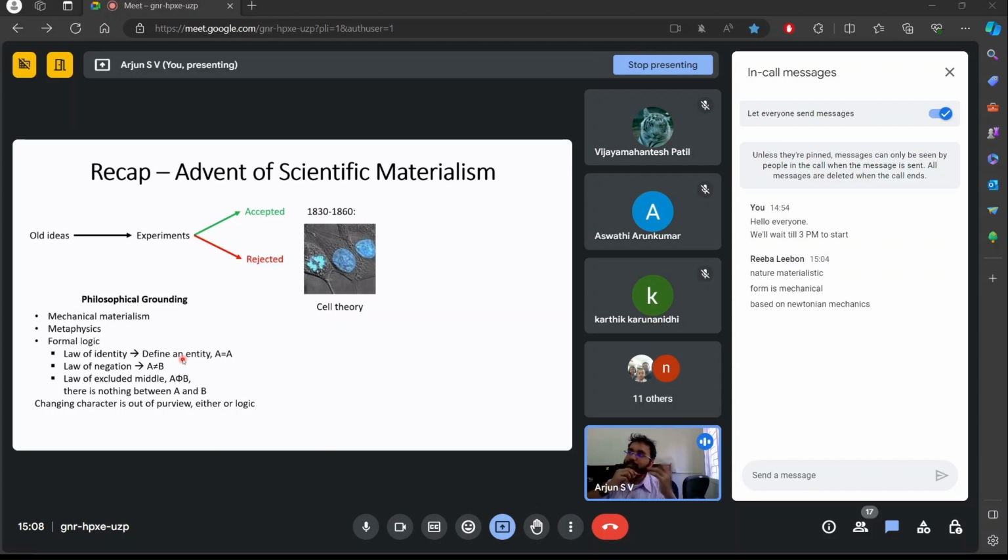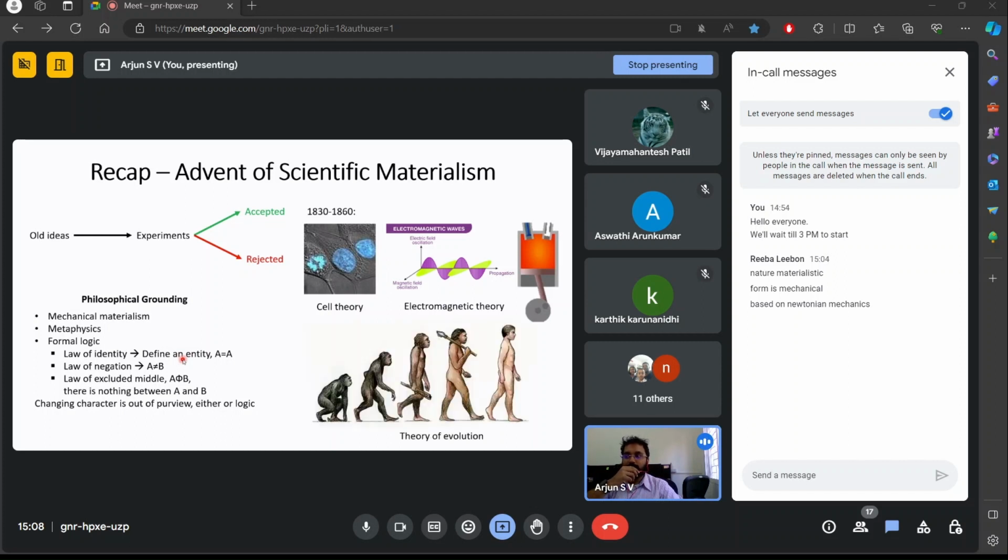Some of the most important inventions and theories discussed in those lectures were cell theory, electromagnetic theory, combustion engines, and the theory of evolution by Darwin. These famous theories, which went on to make meaningful inventions and give meaningful information about the meaning of life, were discovered and began to be widely studied.